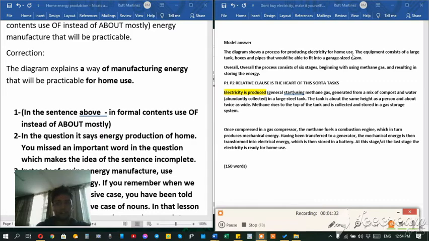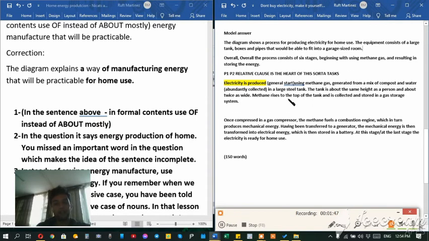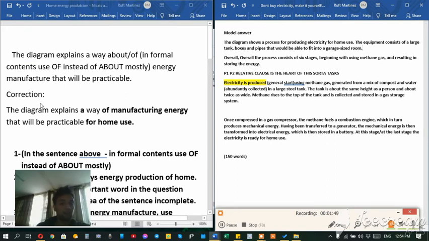The equipment consists of a large tank, box, and pipes that will be able to fit into a garage-sized room. This is something extra, so you don't need to write this. I hope you understand your introduction.